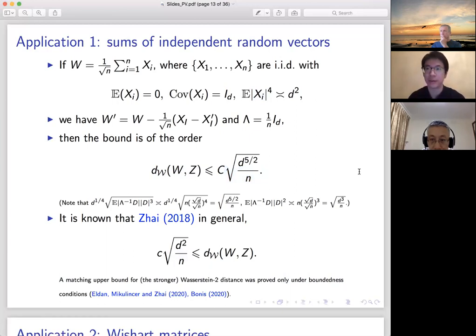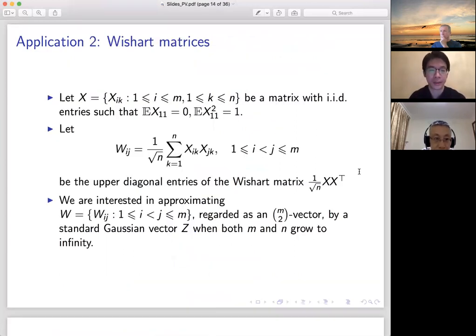So that's application 1. Now we turn to application 2, where we look at Wishart matrices. Now assume we have this m by n matrix xi, and assume the entries are IID with mean 0 and variance 1.